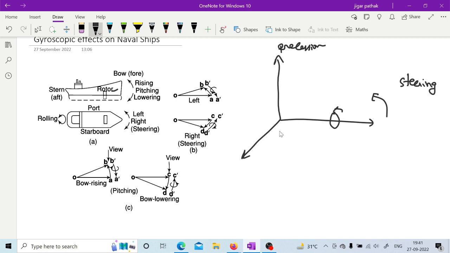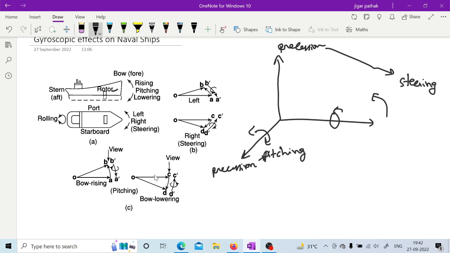But your naval ship is also pitching. In case of pitching, it will have a vertical up down motion about this particular axis. For pitching, this will be your precession axis, for steering.